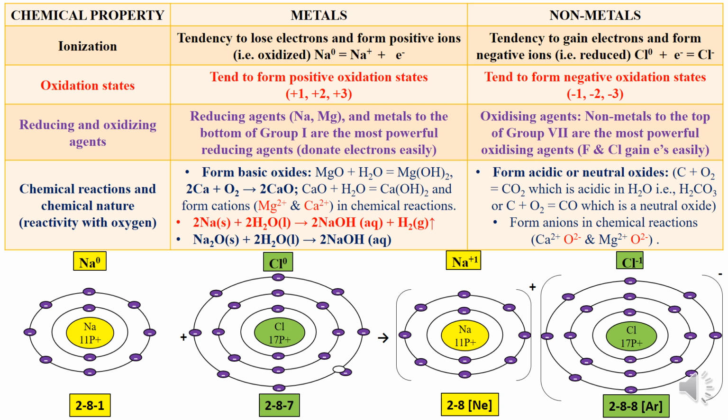And magnesium, after reacting with oxygen, forms magnesium oxide. It changes from the neutral oxidation state of magnesium, 0, to 2+. This is after losing 2 electrons. So metals generally form cations in chemical reactions.